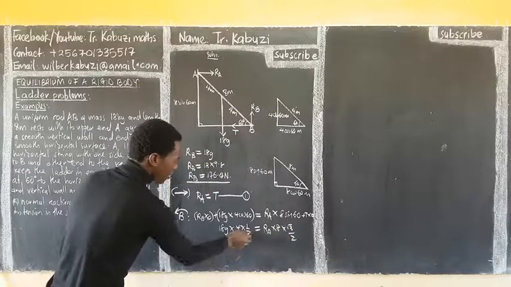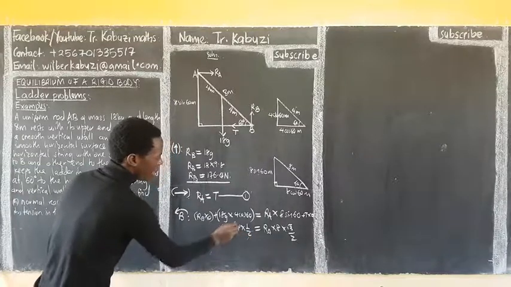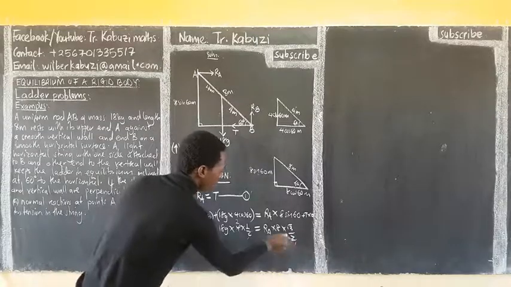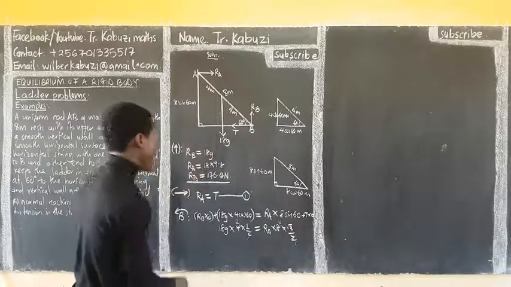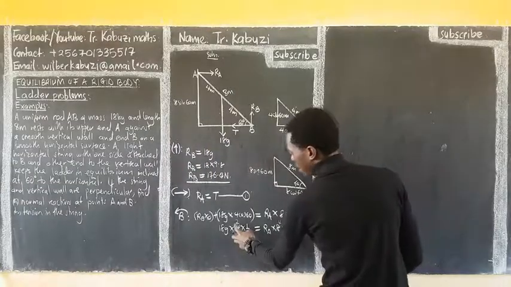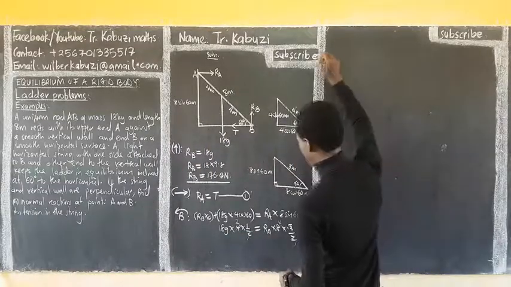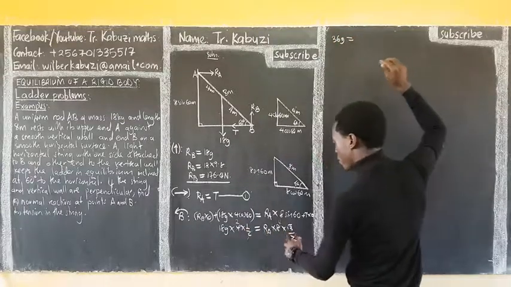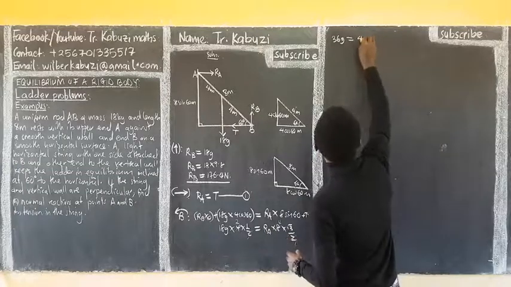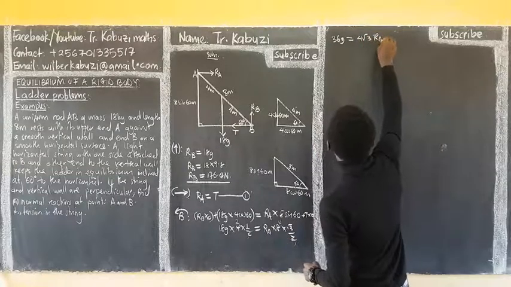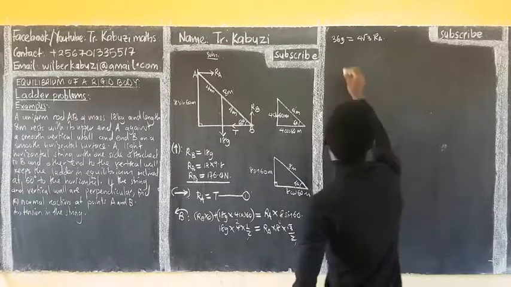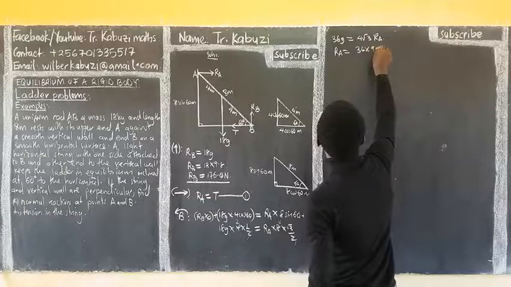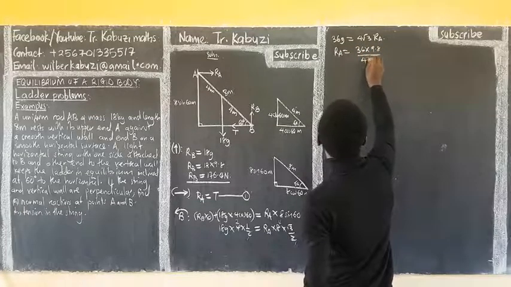Okay, you see that this one is going to be 1, this is going to be 2. So from there, this times this, we are going to have 36, or you can see it's cancelling, so this is cancelling with this, but don't rush. We have 4 root 3 Ra, which you can simplify. So from there, our Ra is going to be 36 times 9.8 over 4 root 3.